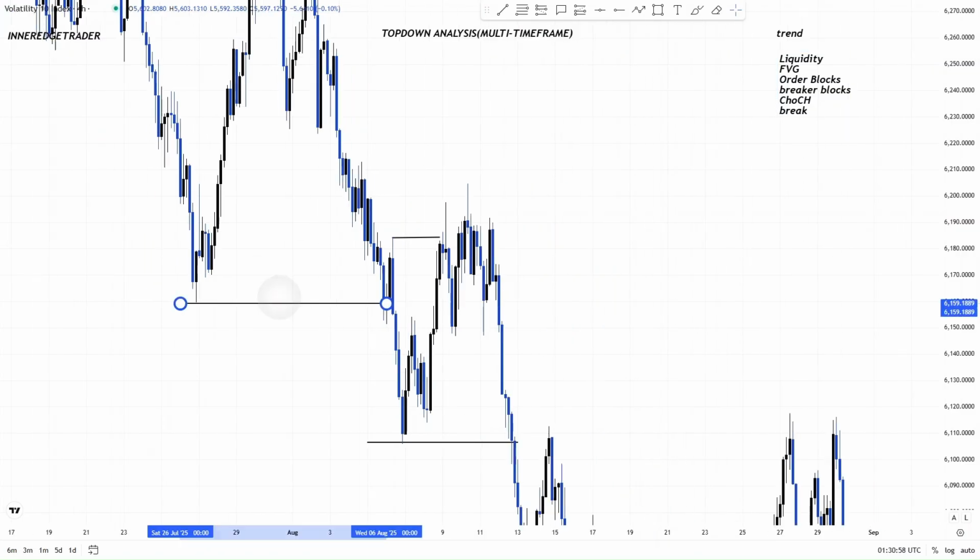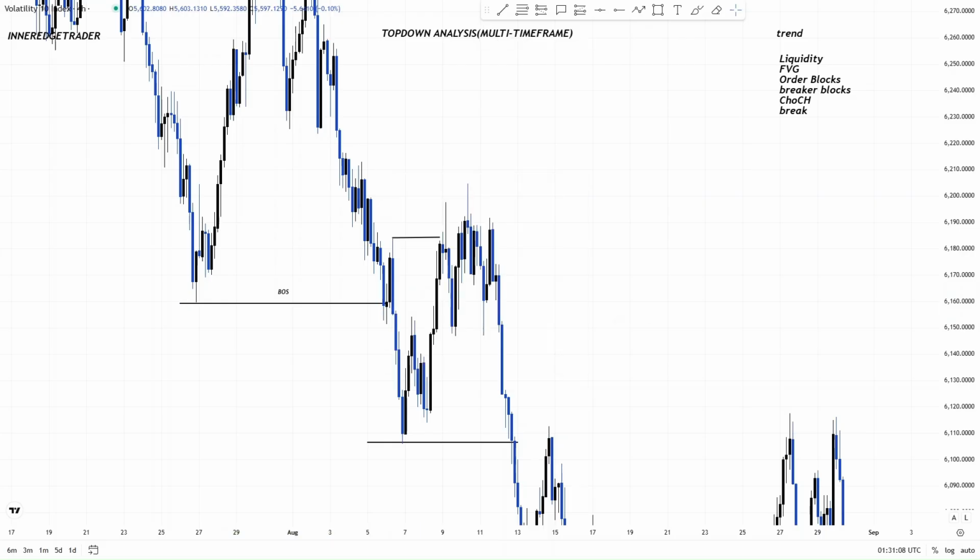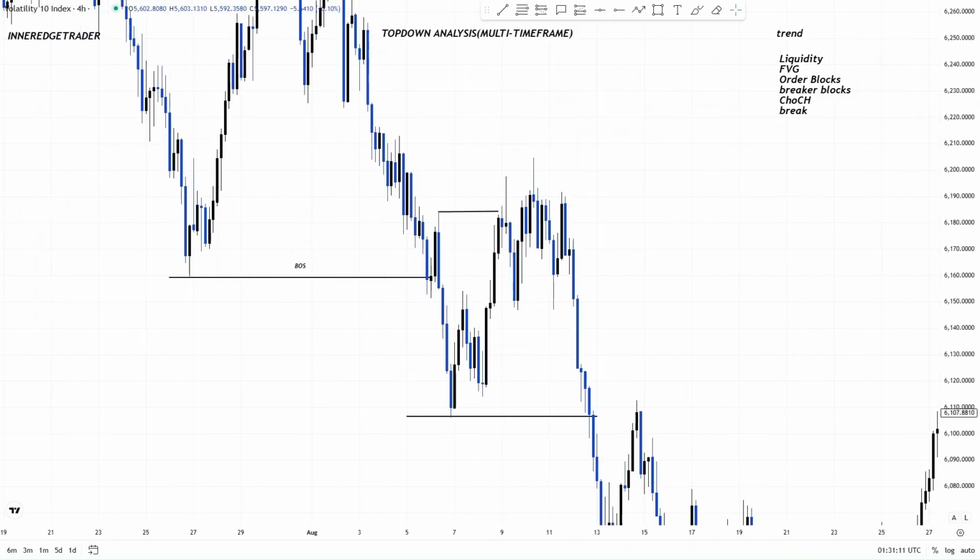So we have a break of structure here, BOS. Then the break of structure created, if you look at it here, a swing pool before you retest.